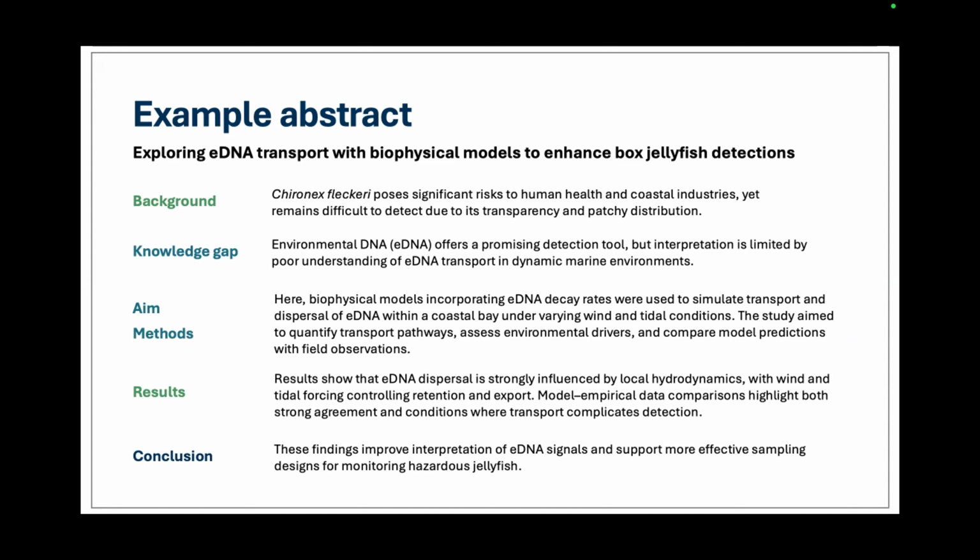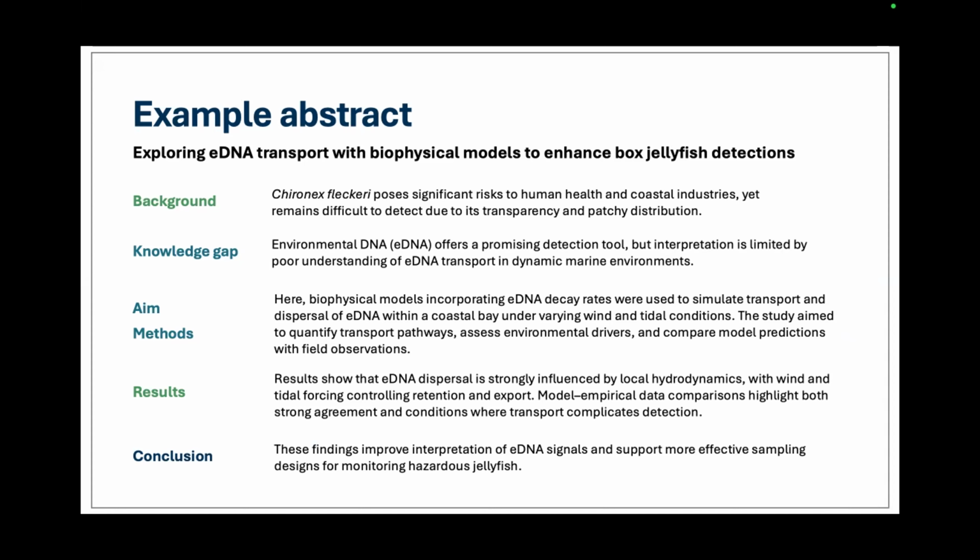Now, knowledge gap, I made it super obvious. Sentence number 2: eDNA offers a promising detection tool, but interpretation is limited by poor understanding of its transport in dynamic marine environments. So that's the knowledge gap, straight up. For aims and methods in my abstract, they're kind of inverse, but this just shows that there are no real strict rules on how you structure it, as long as you have all this information.